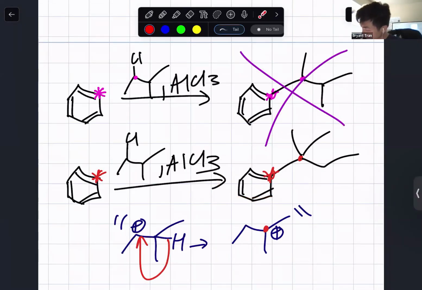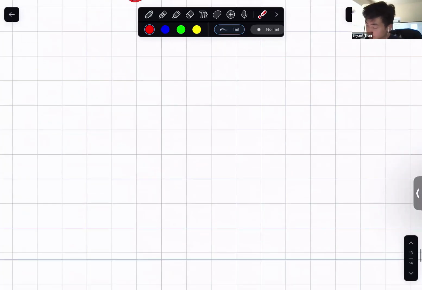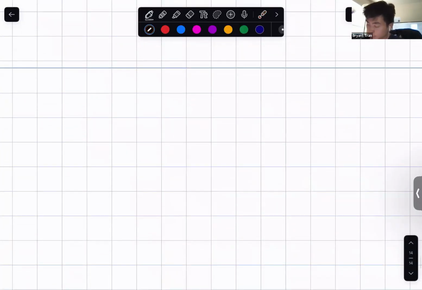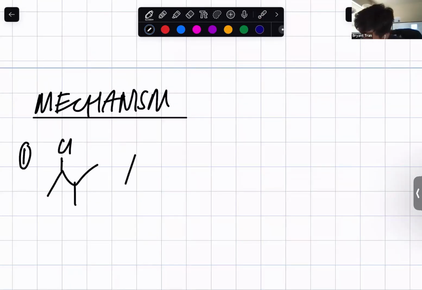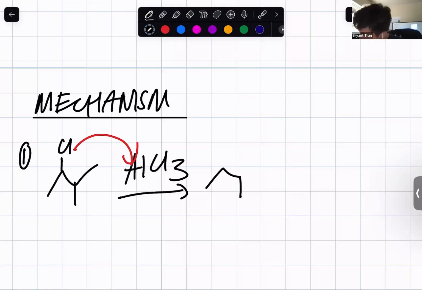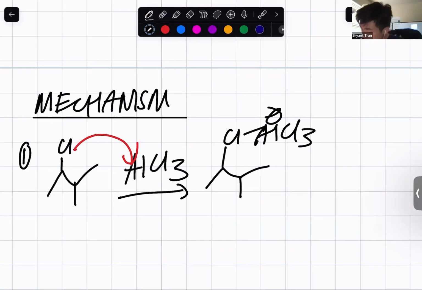Okay, now let me just quickly do the mechanism. Stop me if you have any questions, right? The first step of this mechanism is going to generate a strong electrophile. So we have our alkyl halide, our metal Lewis acid catalyst AlCl3. Chlorine attacks the aluminum with the empty p orbital, forming this intermediate with a good leaving group, where aluminum with 4 bonds would be negatively charged, chlorine with 2 bonds would be positively charged.